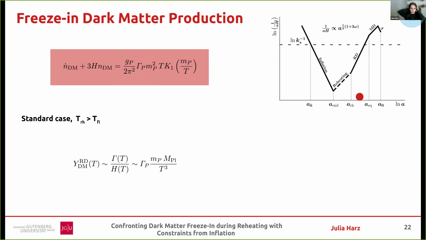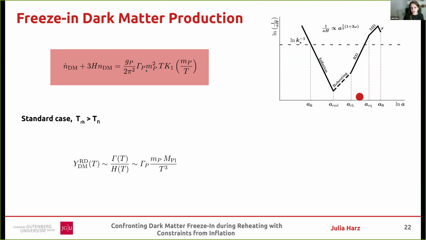So as I promised before, first the recollection of the usual freeze-in production. So here the freeze-in happens during the radiation domination. So in the standard case, the reheating temperature is larger than the temperature where the freeze-in happens. And then I can write down the Boltzmann equation.